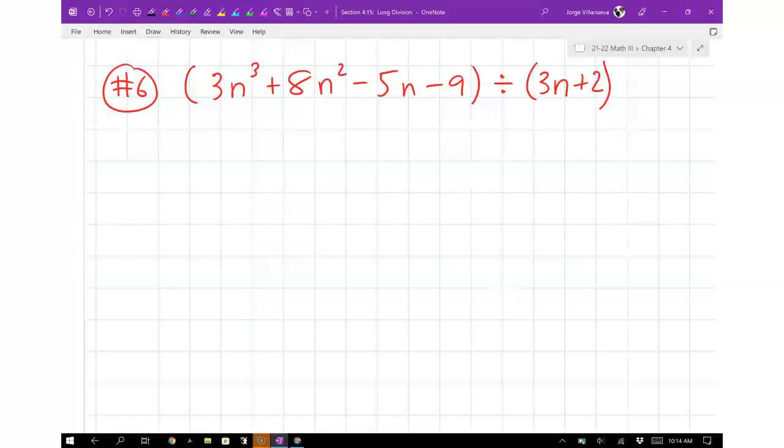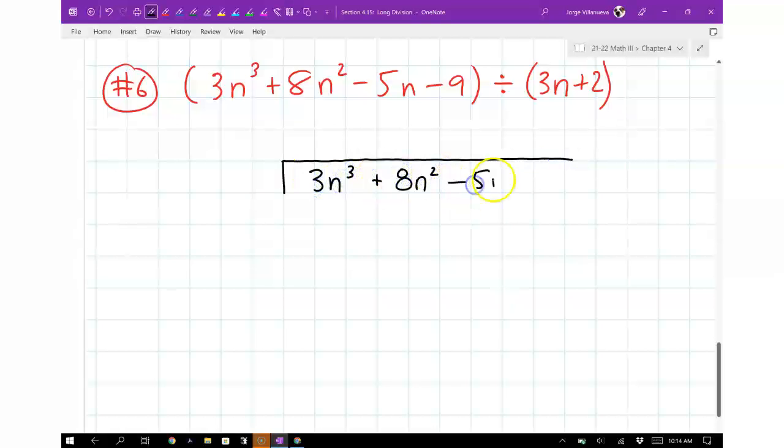Let's rewrite this in the proper form. So 3n cubed plus 8n squared minus 5n minus 9. And I'm going to put a 3n plus 2. Remember, I'm going to focus on the first terms, 3n and 3n cubed, at least for that line.